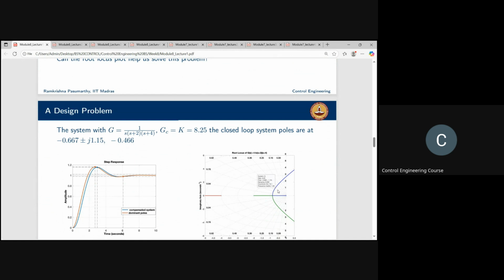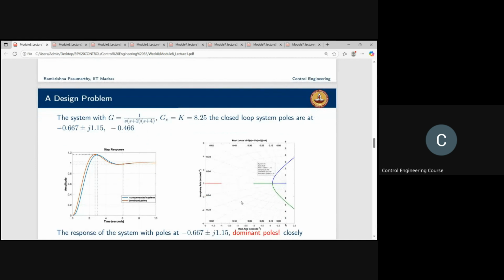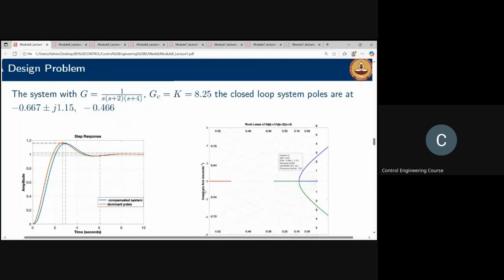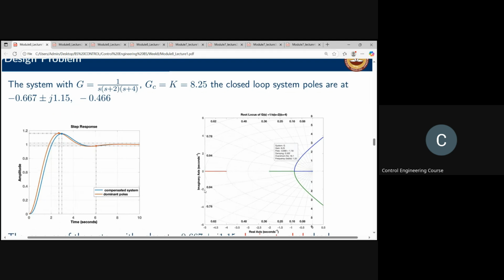So it turns out these two are the open loop pole locations. Wait, one second. So here they are showing the time response, the step response. Here the orange part is assuming that only the dominant poles are there, no other pole is there.